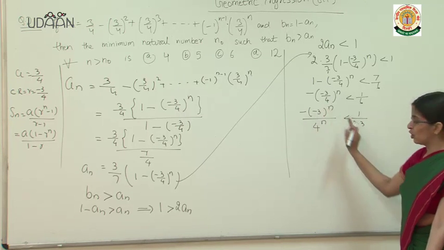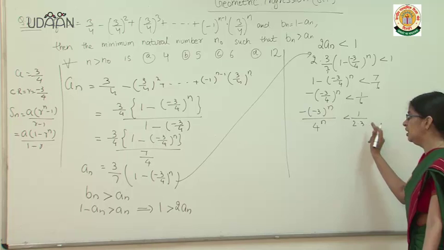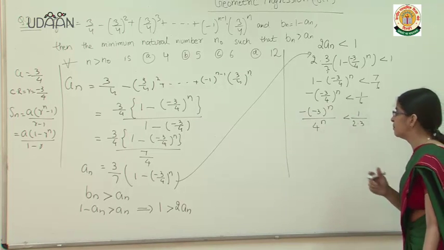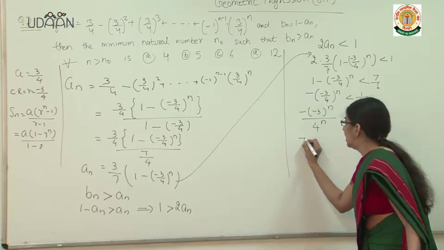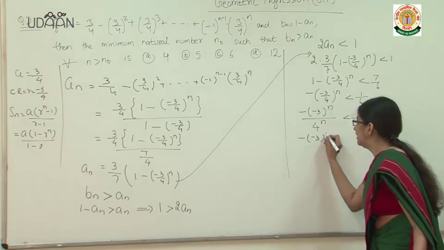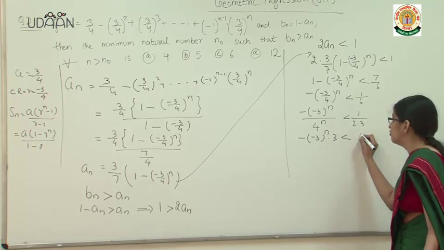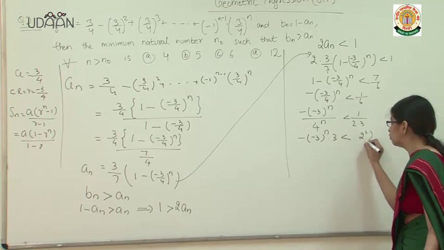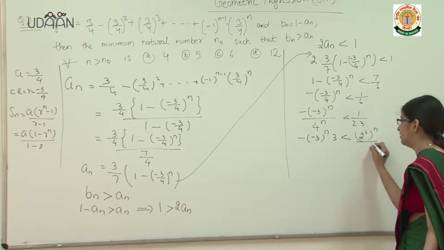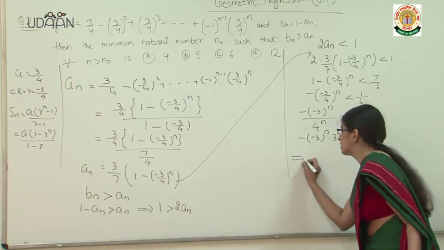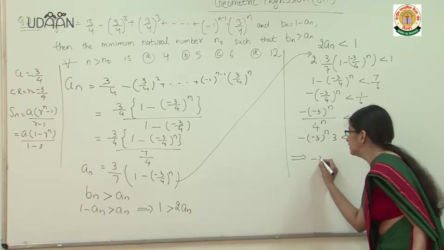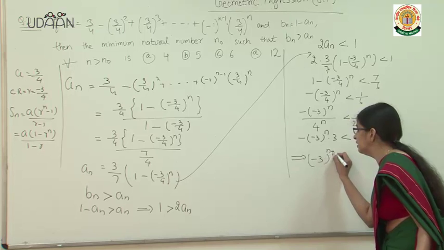Cross multiplication is possible because 2, 3 are positive, and 4^n is again a positive number. Minus of (−3)^n into 3 is less than 4^n, which can be written as (2 square)^n divided by 2, which gives you minus (−3)^(n+1).